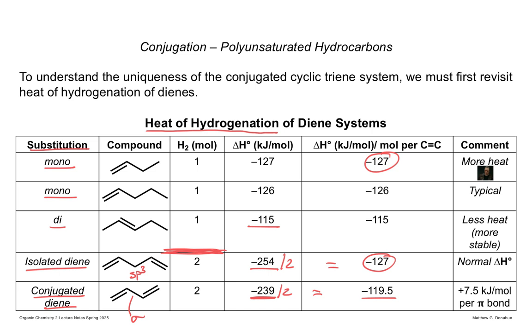And so the difference between these two numbers is telling us that when the double bonds are conjugated, there is an extra stabilization inherent in the molecule because they're giving off less heat when they're hydrogenated. And so we want to understand why that is and how it affects other electrophilic addition reactions.